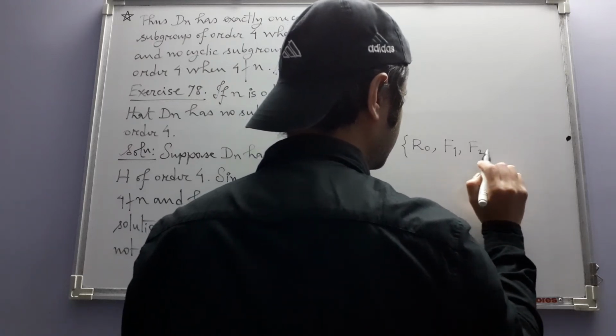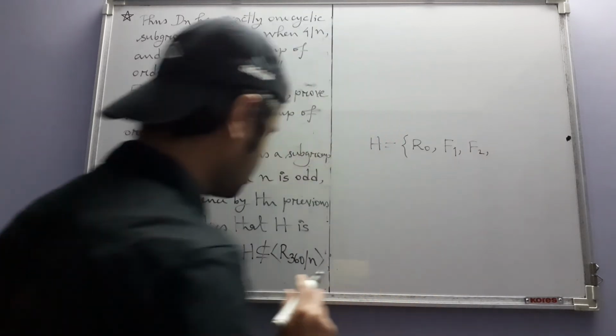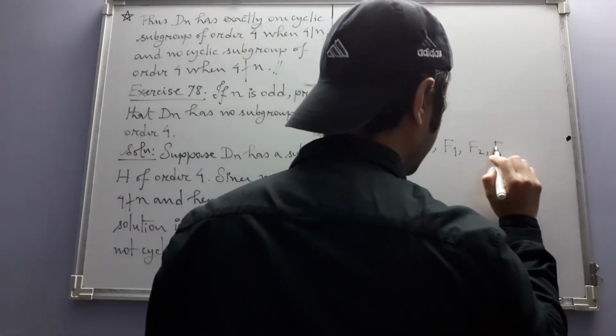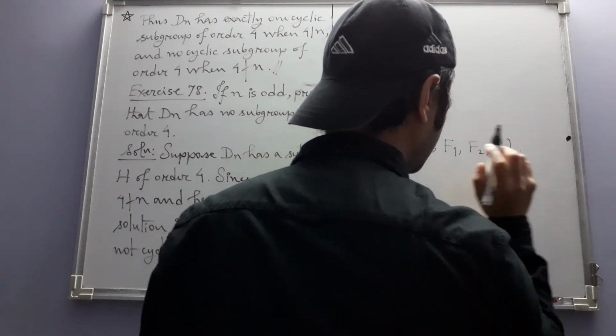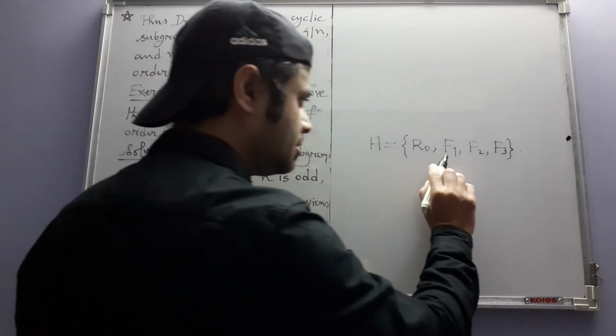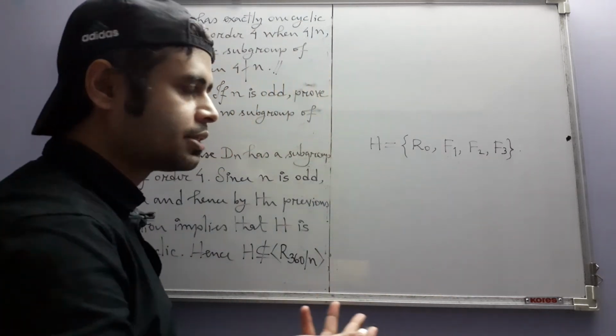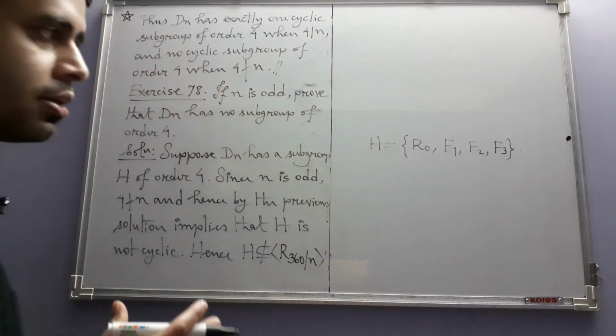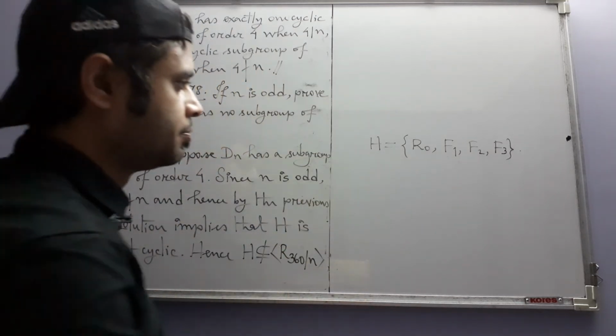F1, F2, then because the order of H is 4, we should have another one, F3. Now these are naturally distinct reflections, because that's what makes the order of H equal to 4.